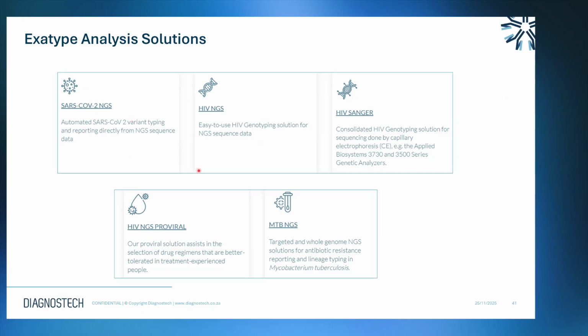And then 2 other solutions would be the HIV NGS proviral solution, as well as their MTB NGS solution. The MTB solution works for both targeted and whole genome. So this means if you're using, say, a targeted panel only looking at drug resistance genes, we can analyze that. Or you've sequenced the whole genome of MTB and you want to be able to call antibiotic resistance and do some lineage typing.